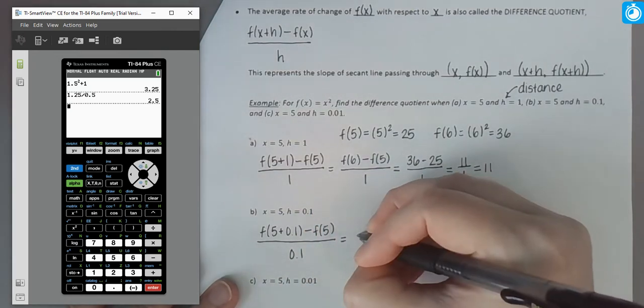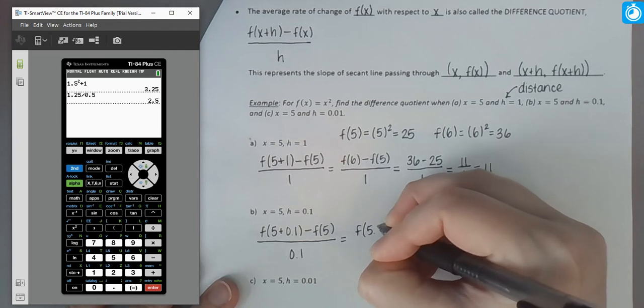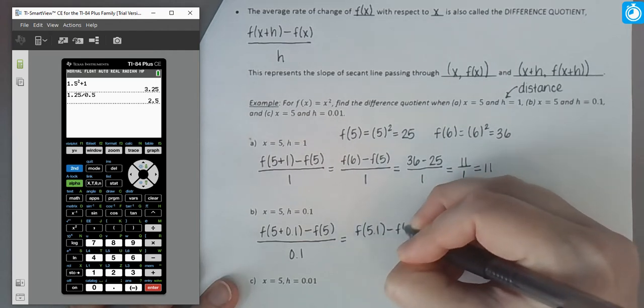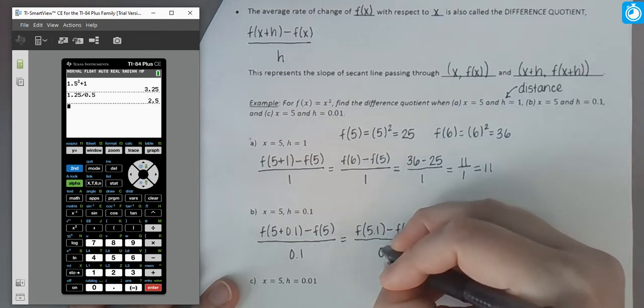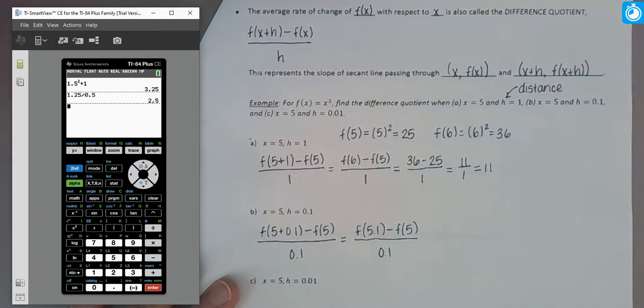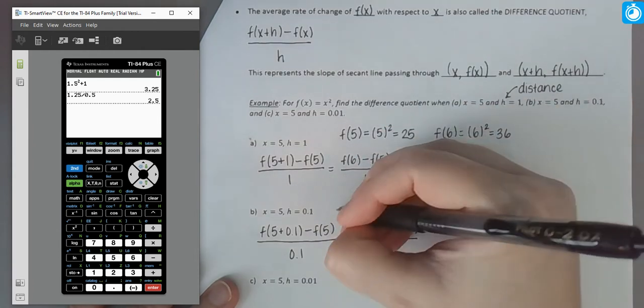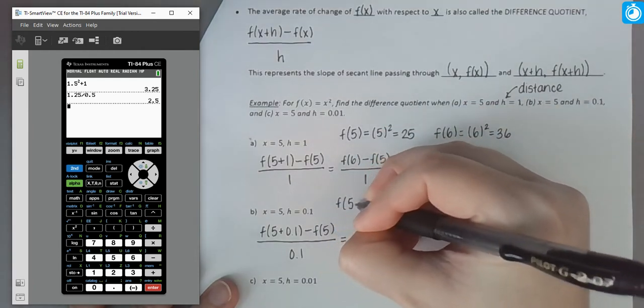Okay, so that's going to be f of 5.1 minus f of 5 divided by 0.1. Okay, so we need f of 5.1. So let's go to the side and calculate that.